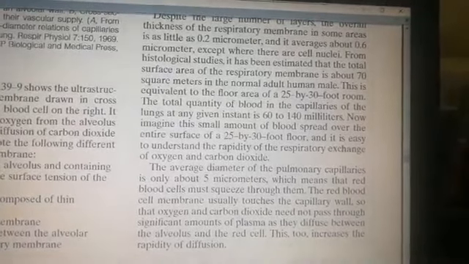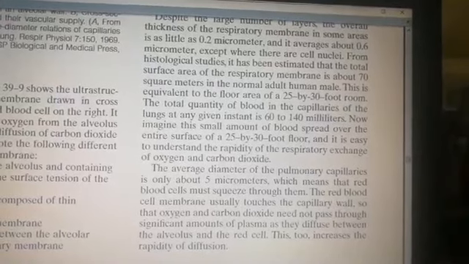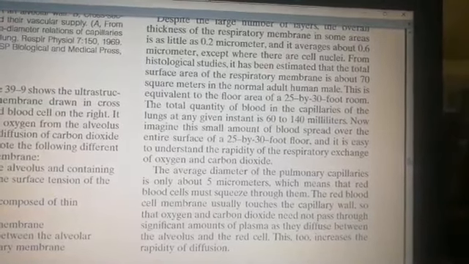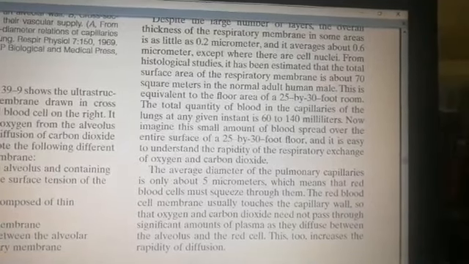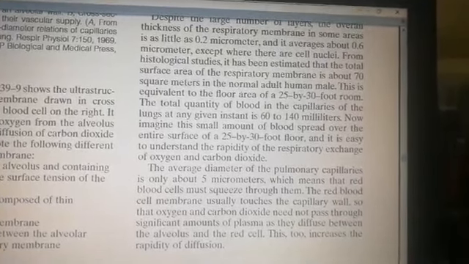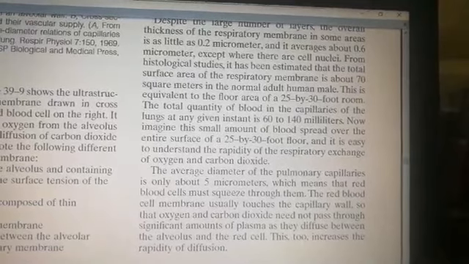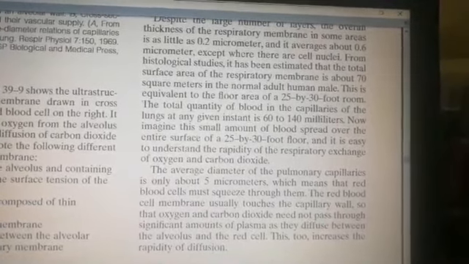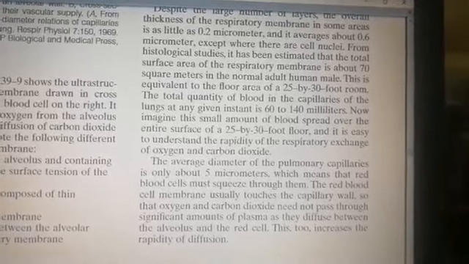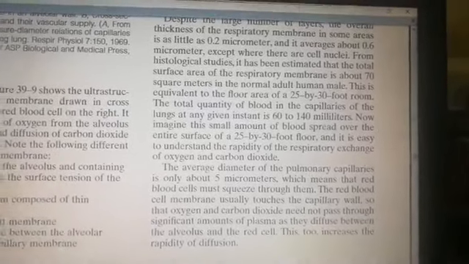So the red blood cells squeeze through the pulmonary capillaries, and they also touch the capillary wall, so that the oxygen and carbon dioxide need not pass through a significant amount of plasma as they diffuse between the alveolus and the red cells. This too increases the rapidity of diffusion.